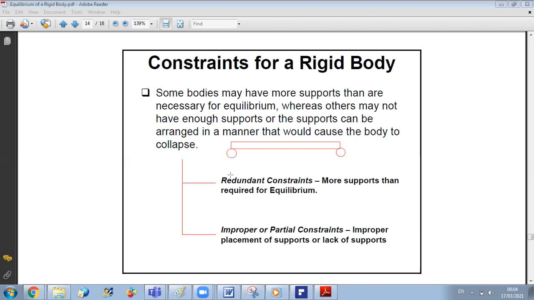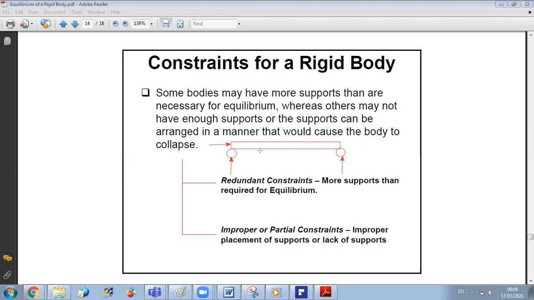Look, you know that a roller can only develop a reaction perpendicular to the contact. So if I put a force, a load in the x direction, will my structure be in equilibrium? No, because I don't have any opposition to this load.